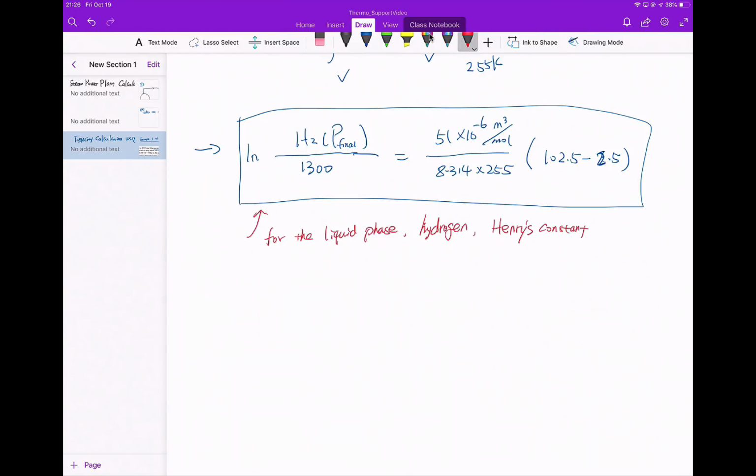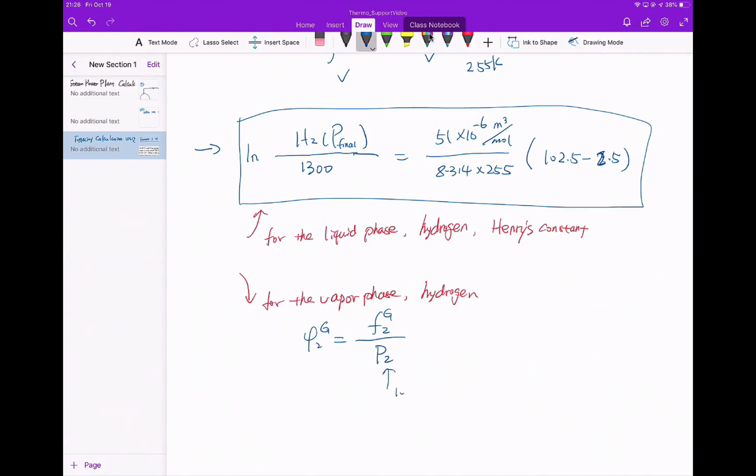Now for the vapor phase, also for hydrogen, the problem statement says this is phi 2. From the definition, that should be the fugacity of hydrogen in the vapor over P2, the partial pressure.